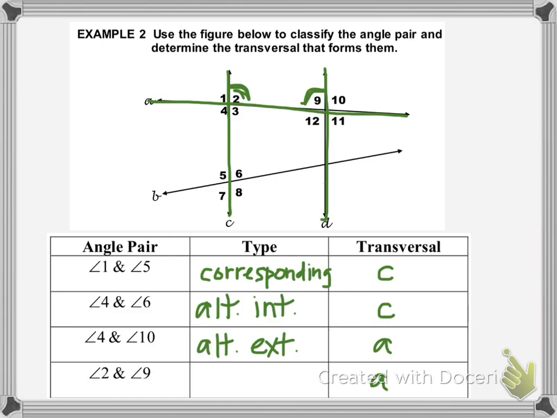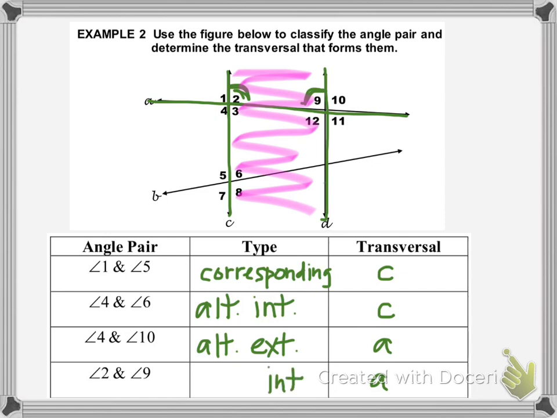Angles 2 and 9 are between lines C and D, which means they are in the interior. And if you look at that transversal A that they belong to, they're both above line A, which means they're on the same side. So I'm just going to abbreviate this SS int for same side interior.